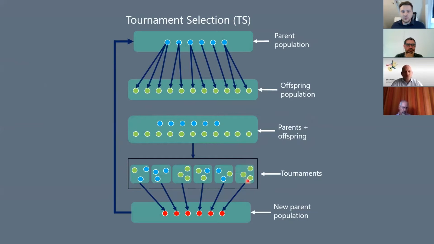From the tournaments, the best individual is passed through to the next population. So an individual can end up in multiple tournaments, and therefore duplicates can exist in a new population. So an individual might be selected multiple times for a new population.